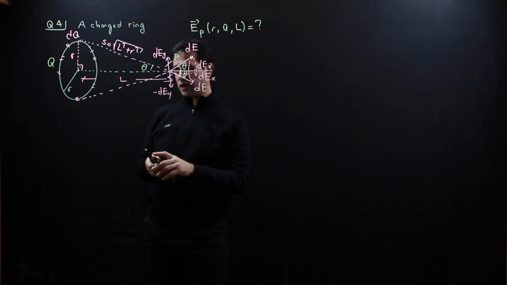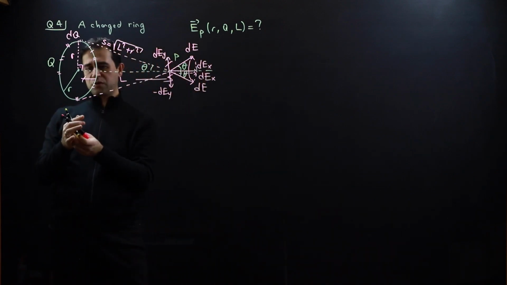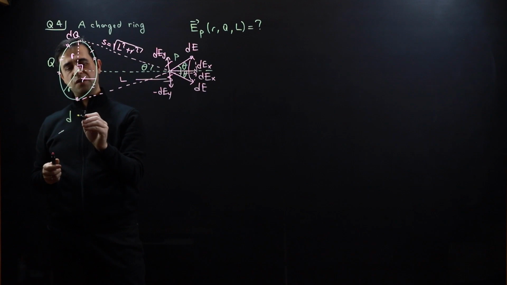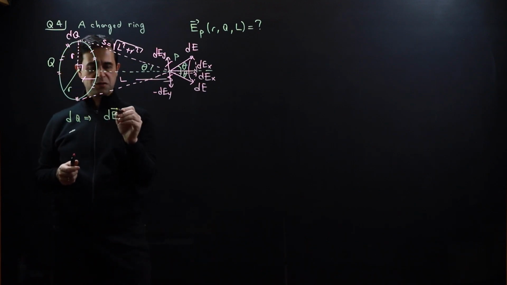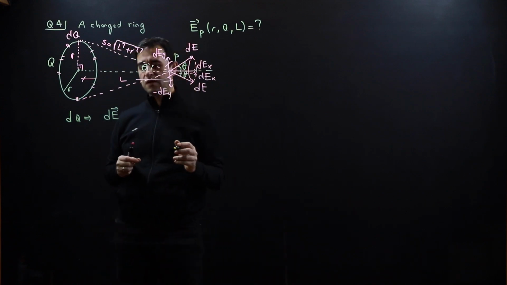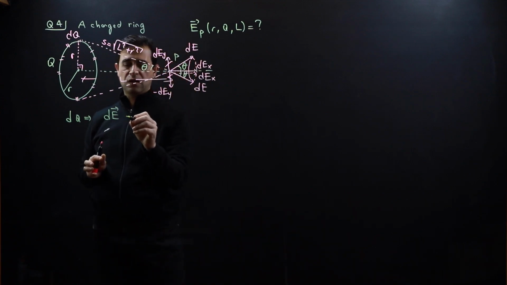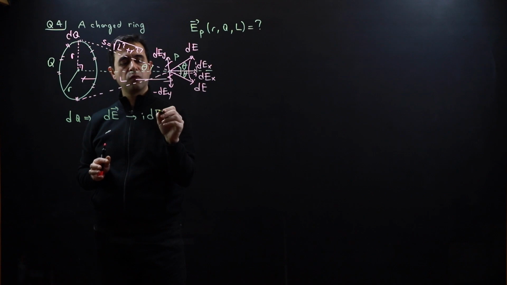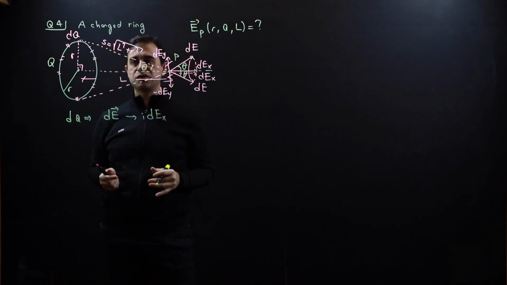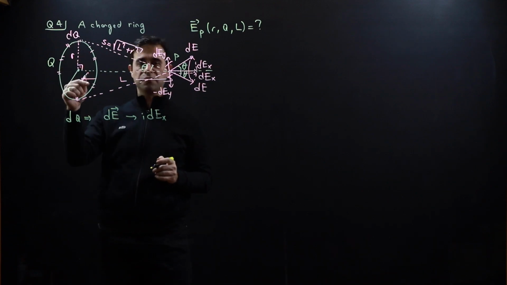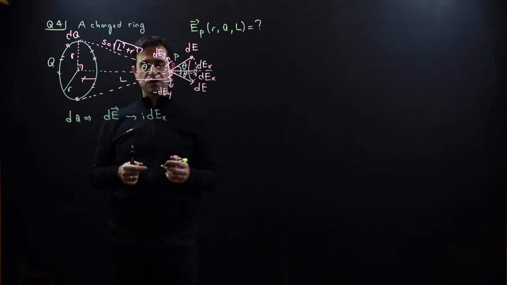So if you start with dq, the effect of dq is dE, which is normally a vector, and it will only have a pure x component because the y components cancel. It is enough to calculate just the x components for each one and integrate them to get the whole thing.